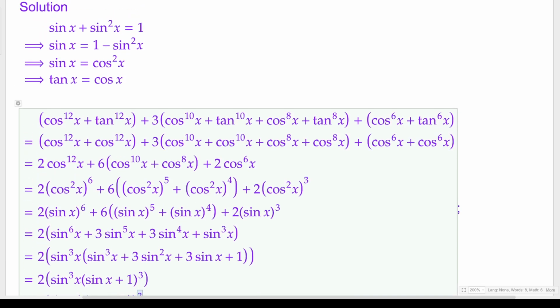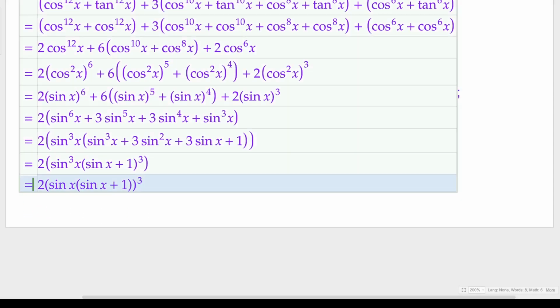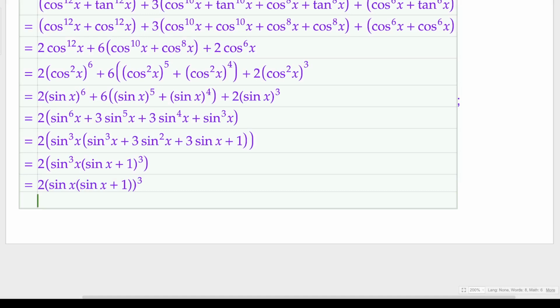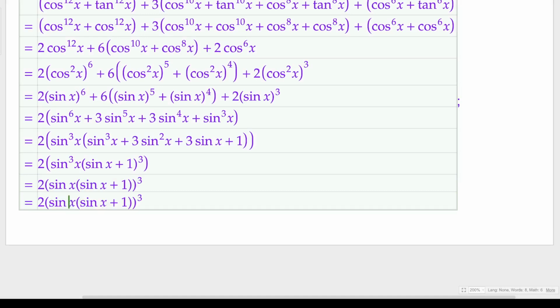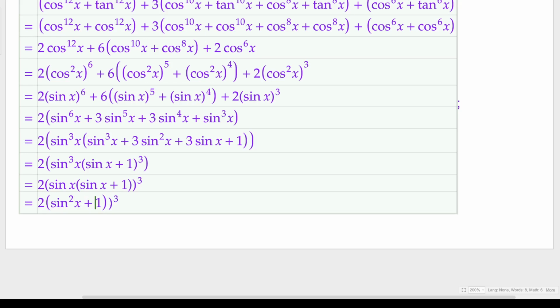Now sine x plus sine x square is equal to 1, right? So if you observe, in the next step I will be writing it. This is sine square x, right? And this one is sine x. On the other side we have this as sine x.